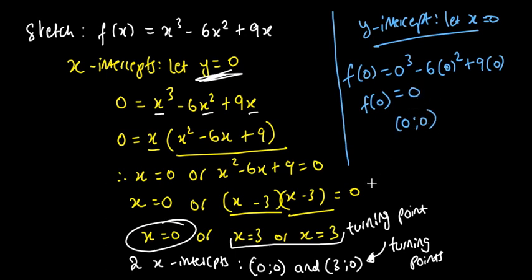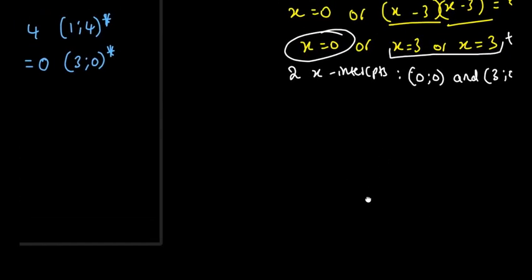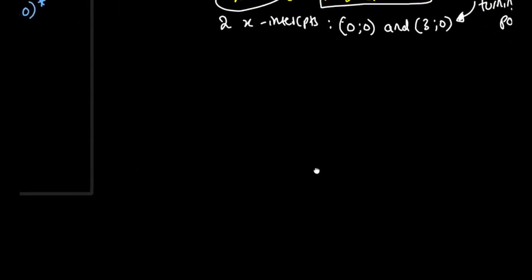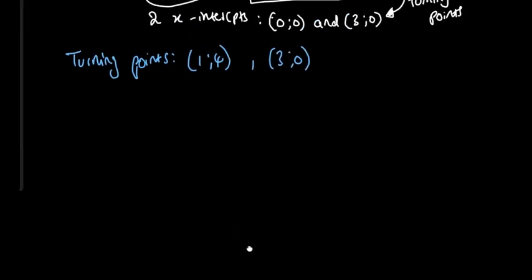So let's collect all the coordinates that we have so that now we can sketch. So all the coordinates that we have so far, remember, for the turning points we had two coordinates, which is 1 and 4, 3 and 0. So let's write it here. For the turning points we had 1 and 4, then we had 3 and 0. Okay, that was for the turning point.